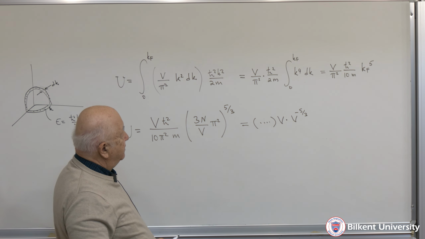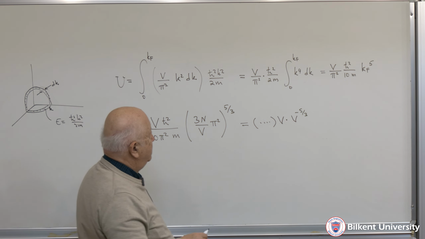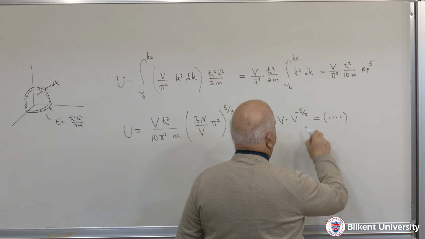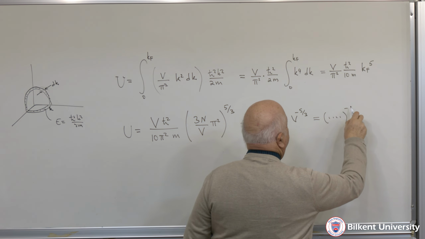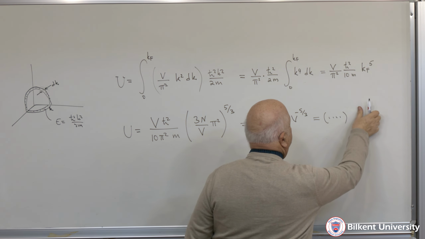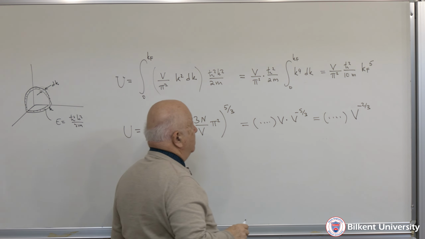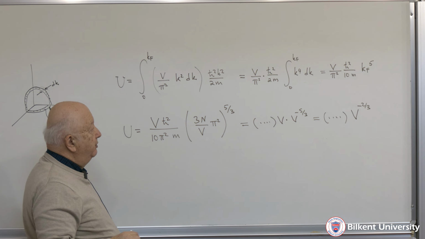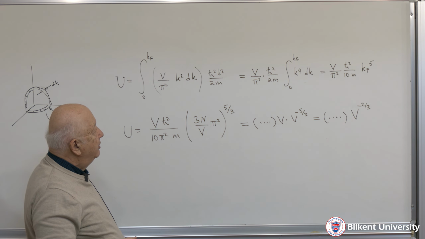Because it's in the denominator here. So that's V to the 1 minus 5 over 3. Let me check my algebra: 1 minus 5 over 3 is minus 2 over 3. So it's going to be a power of minus 2 over 3 of the volume times some constant.